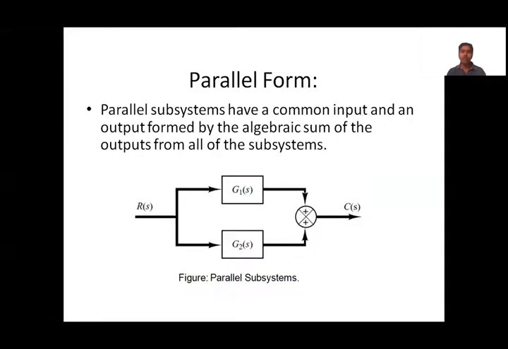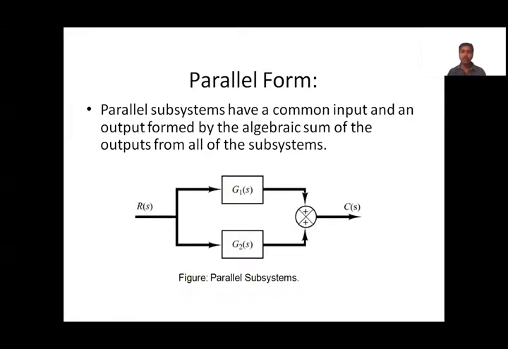Whereas in parallel form, the input is given to a number of subsystems at the same time, and the arrow marks are in the same direction. Those subsystems give outgoing signals in the same direction, and the outputs are combined by a summing point to give the output.